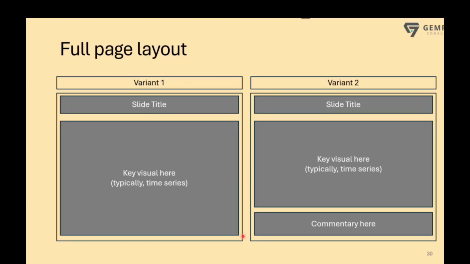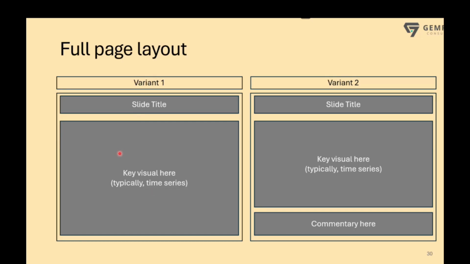Now, we go to our variants on showing stories. Just imagine I am having a half screen here, because this is supposed to be one whole page in your PowerPoint slide. You can have your slide title here. This is variant 1. This is when you have your typical key visual, normally a time series or whatever, and you have nothing else to show, because it is already self-explanatory.